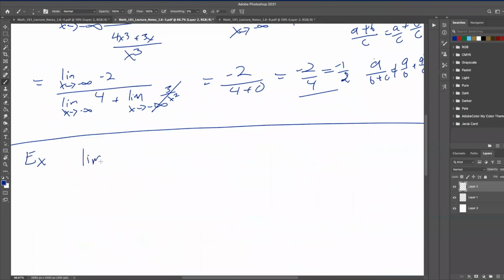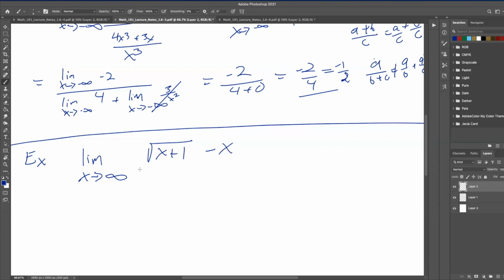So I want to find the limit as x approaches infinity of the square root of x squared plus 1 minus x. Here we have some problems.